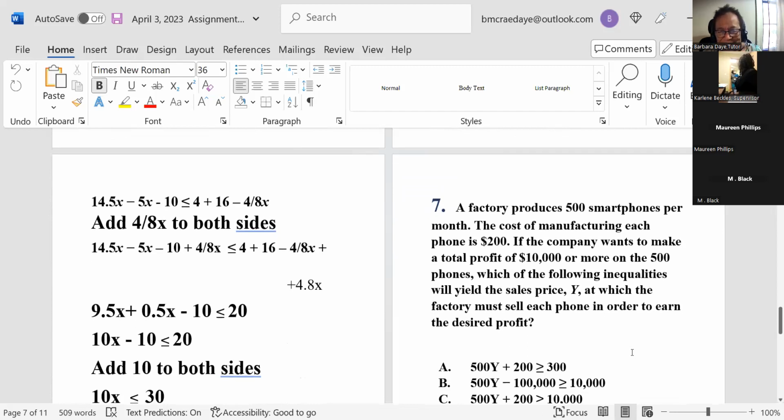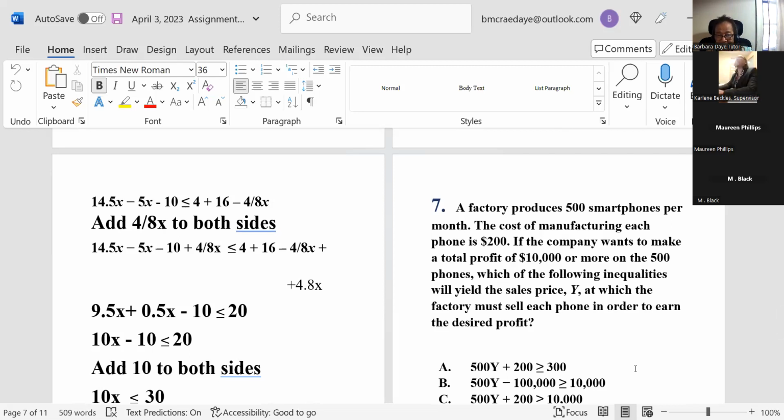And Mercedes, did you do it? I'm trying to remember if I gave you an answer. No, you gave me an answer, but it was wrong. I think so. You gave me a factory produced 500 smartphones per month. Yeah, I'm on number 8. The cost of manufacturing each phone is $200.